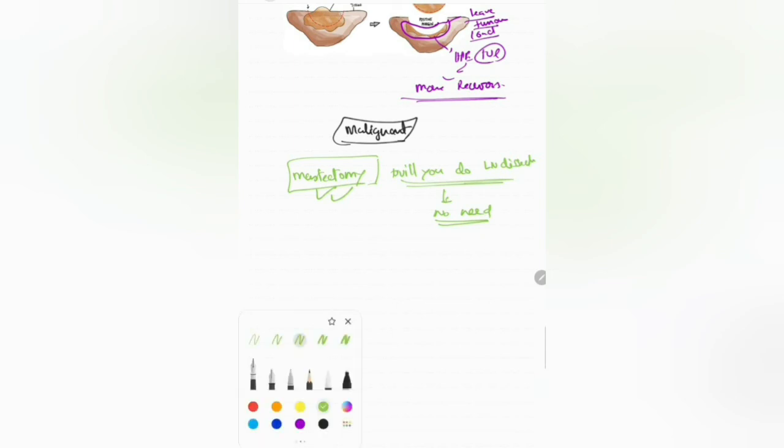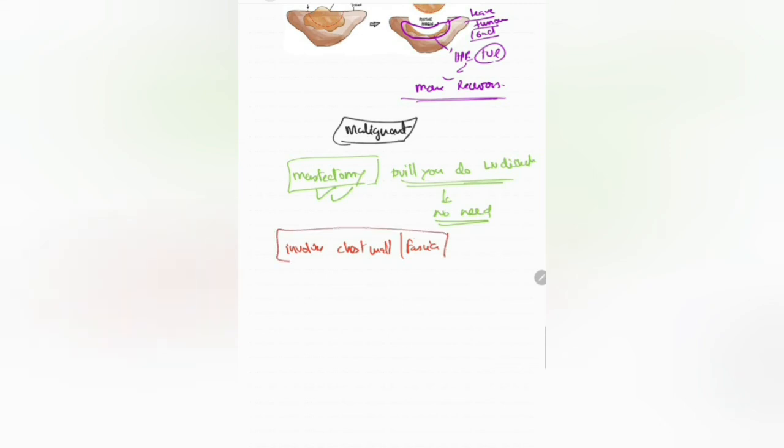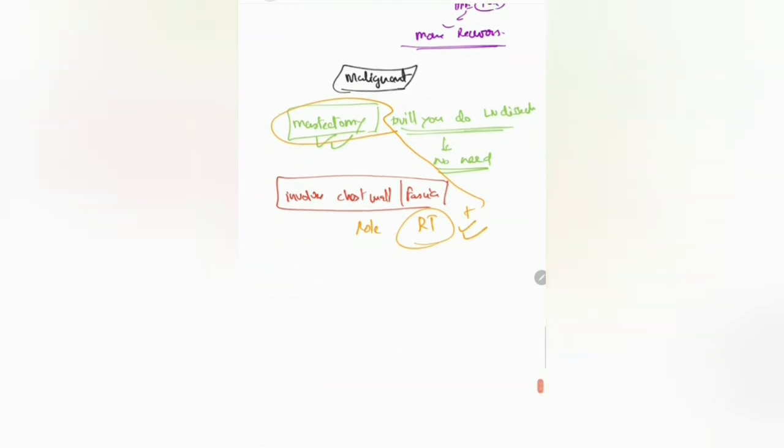But suppose your malignant phyllodes involves the chest wall or fascia, then comes your role of radiotherapy. Then you have to give radiotherapy with your mastectomy. Understood?